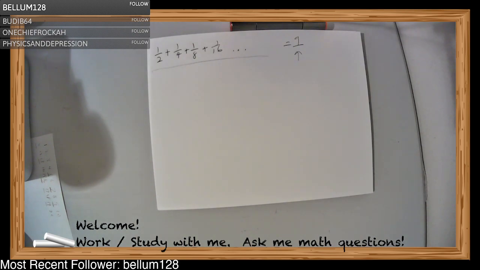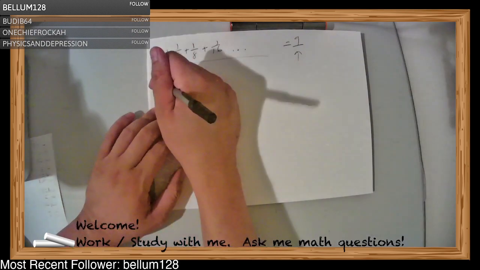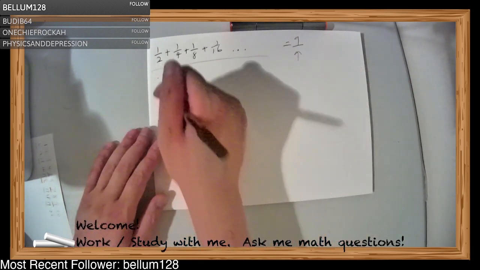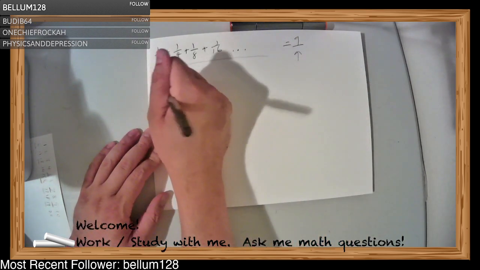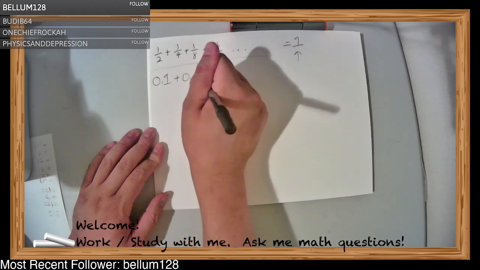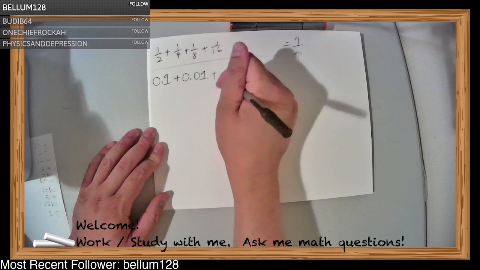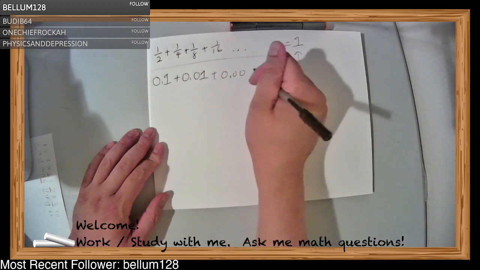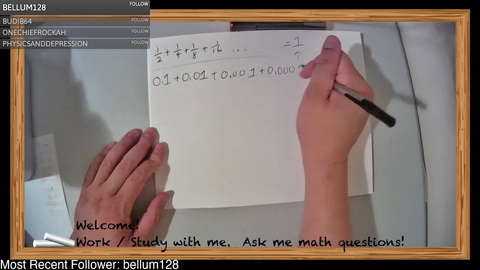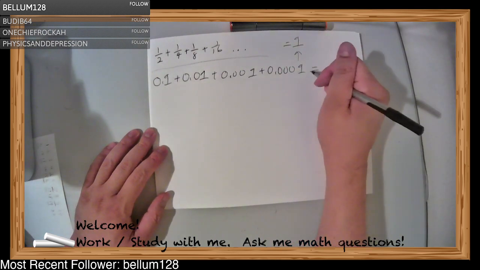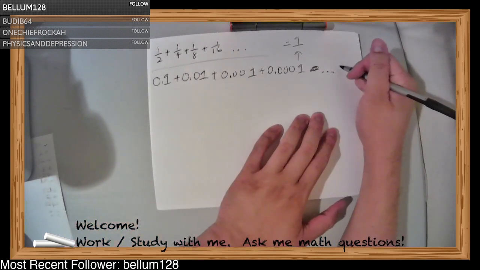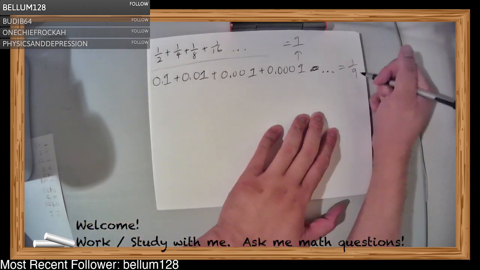Second series: 0.1 plus 0.01 plus 0.001 plus 0.0001, dot dot dot. That is equal to 1/9. Why is it equal to 1/9?